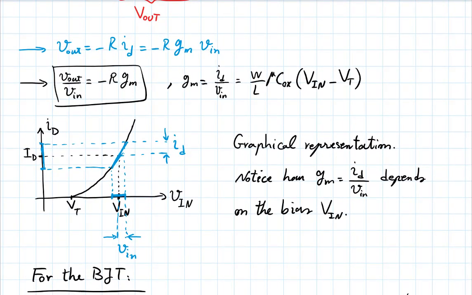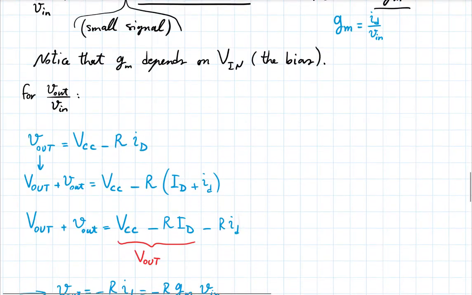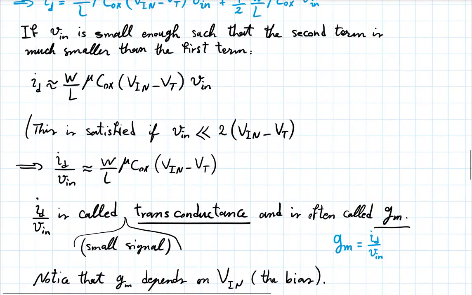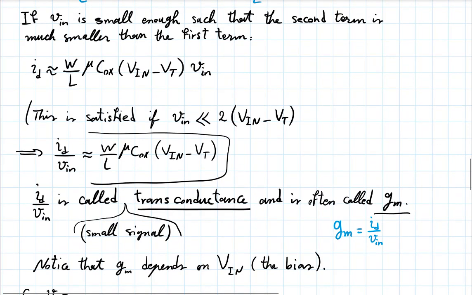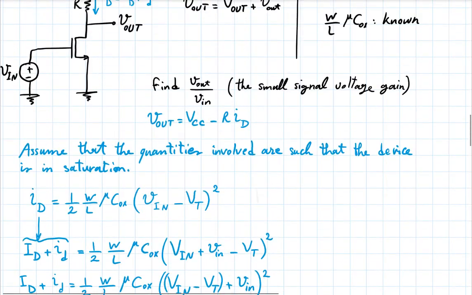And in fact, look at the Gm for the MOSFET. Gm for the MOSFET, this is Gm. It's proportional to Vin minus Vt, which is the square root of the bias current. You see?